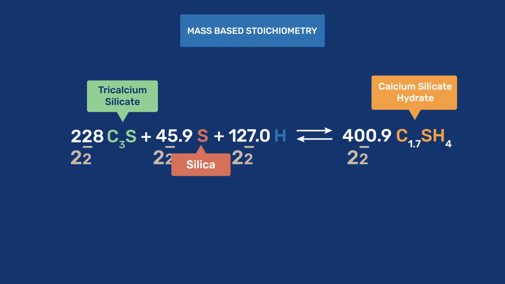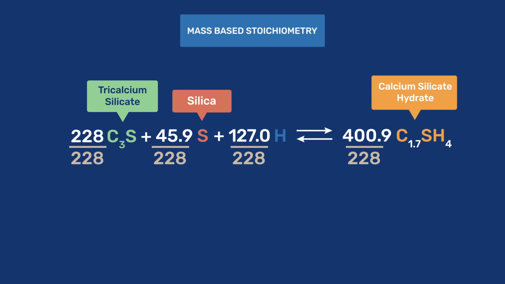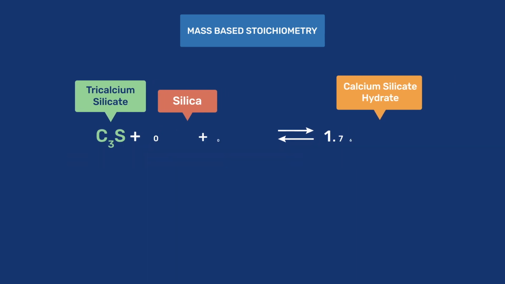Dividing each of these by 228, the equation refers to the reaction of 1 unit mass of C3S, whereby 1 unit mass C3S and 0.2 mass units silica and 0.56 unit mass water give 1.76 unit mass of C-S-H. This highlights that 0.2 unit mass of silica react per unit mass of C3S.